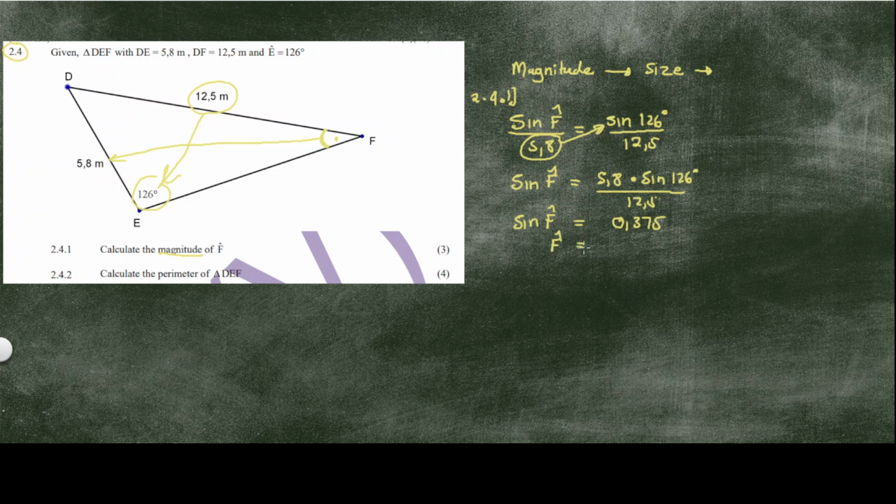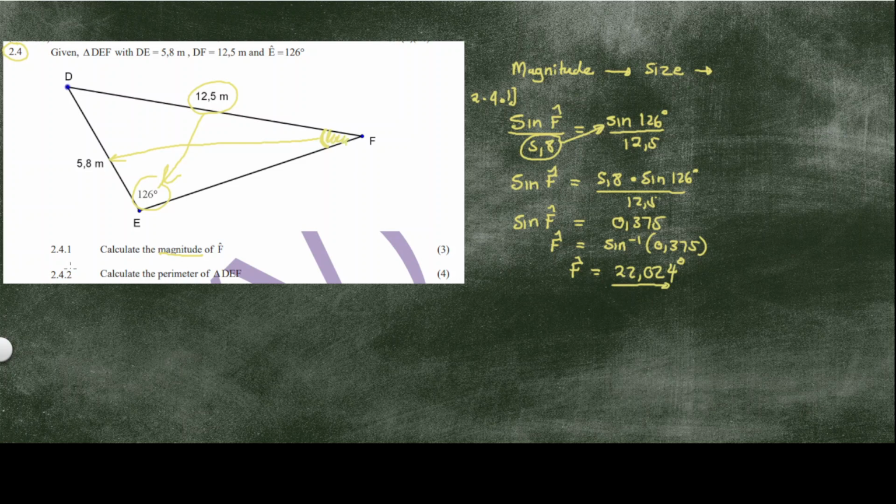Then we calculate the angle F, which is the inverse sine of 0.375, and that gives us 22.024 degrees. So that's the angle for this one.